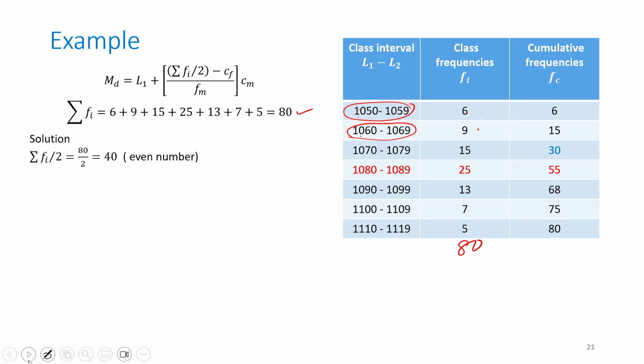Now the solution will start like this. We have to find Fi by 2. It is 80 by 2, that is 40, which is an even number. And where is Fi by 2 contained?